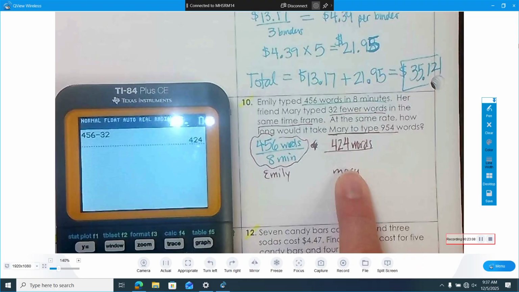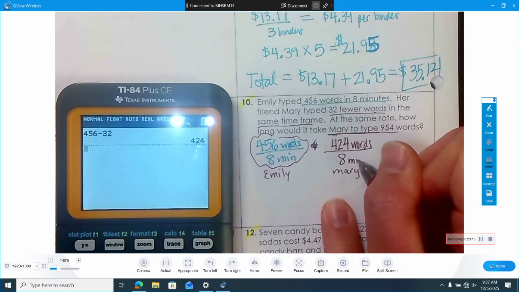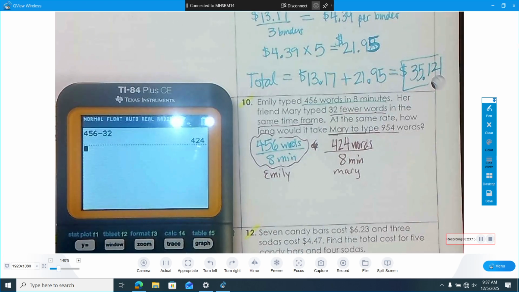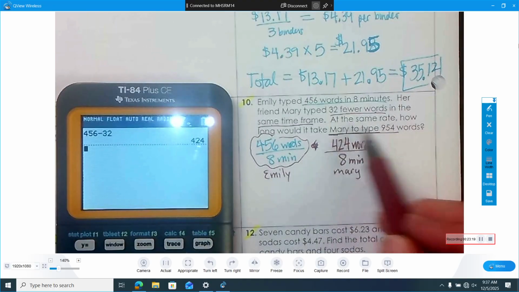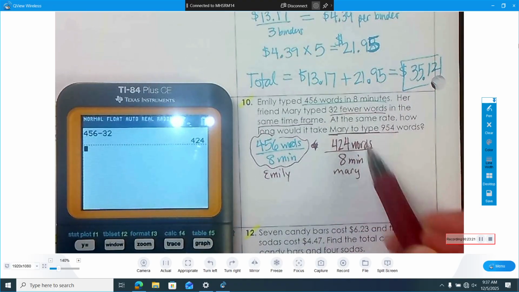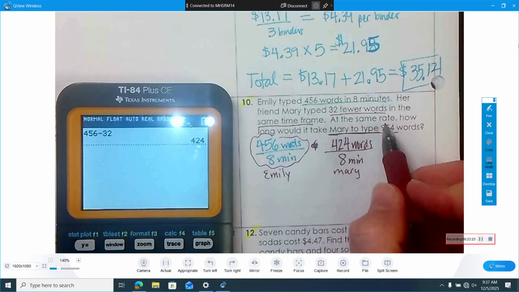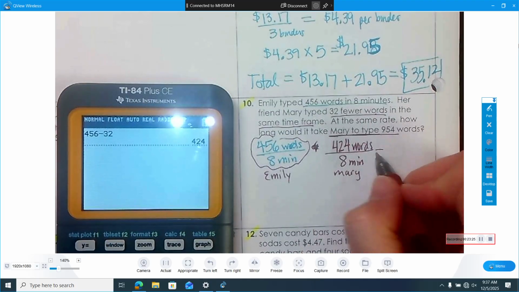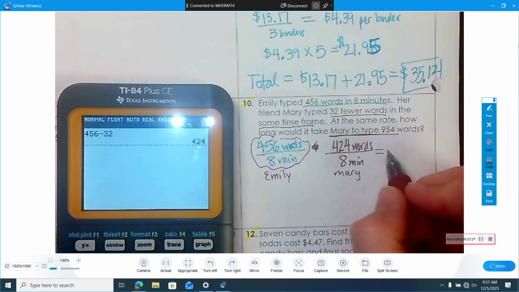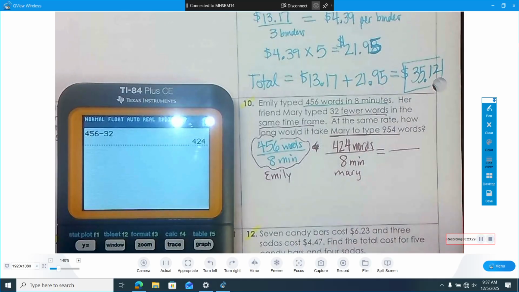What's on the bottom? In the same time frame, it also took her 8 minutes, and she did 424 words. Okay, so this is Mary's words per minute. At that same rate, how long would it take Mary to type 954 words? So where does the 954 go?